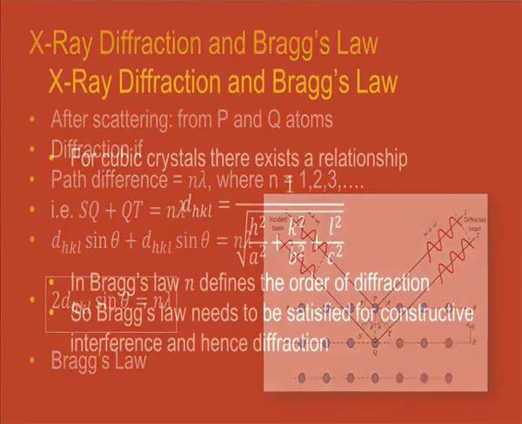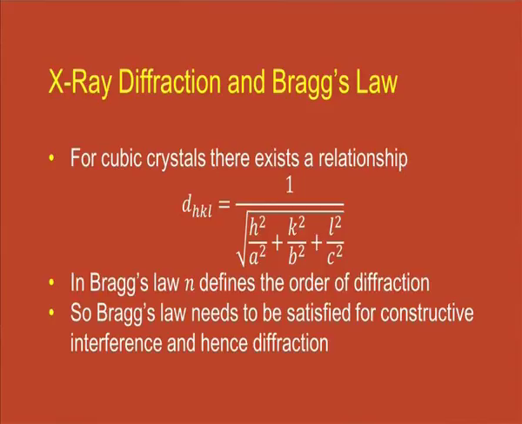We have a relationship between the interplanar spacing and the Miller indices given by d_hkl equal to 1 over the square root of h squared by a squared plus k squared by b squared plus l squared by c squared. In Bragg's law, n defines the order of diffraction. So, Bragg's law needs to be satisfied for constructive interference and hence diffraction.